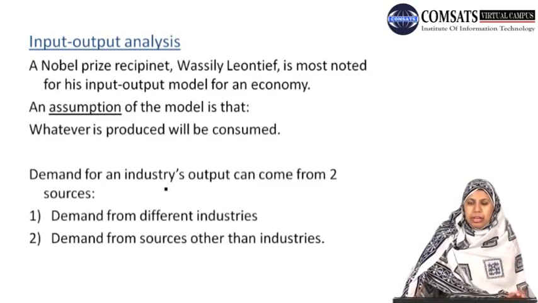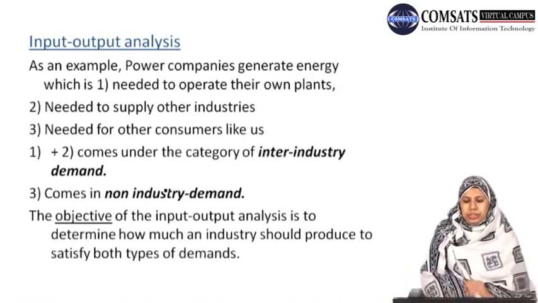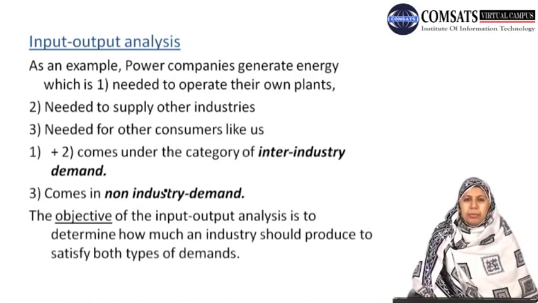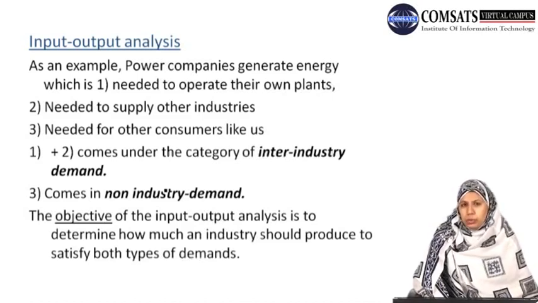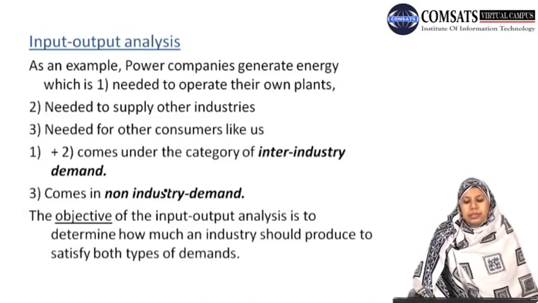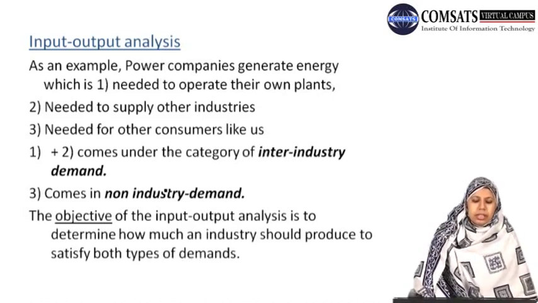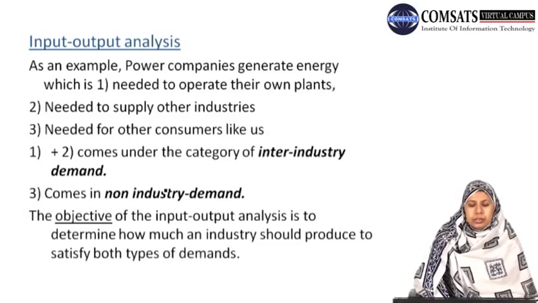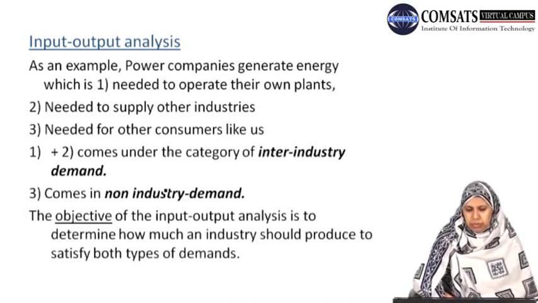Now if we look at the demand for a particular industry, for example the power companies which generate energy, then the power companies need the energy to operate their own plants. They need to supply the energy to the other industries, and they need the energy for other consumers like us, which means that a power company generating energy has 3 types of demands.